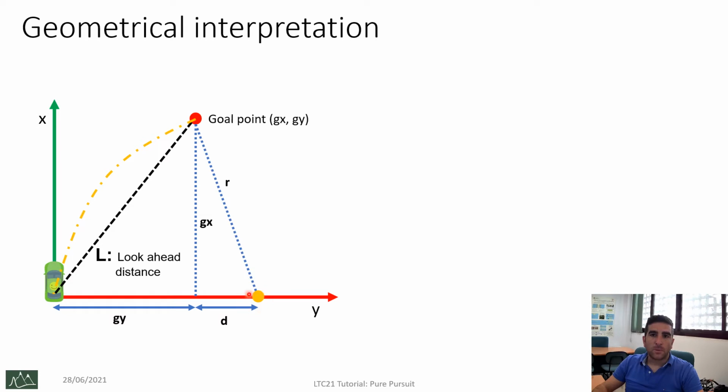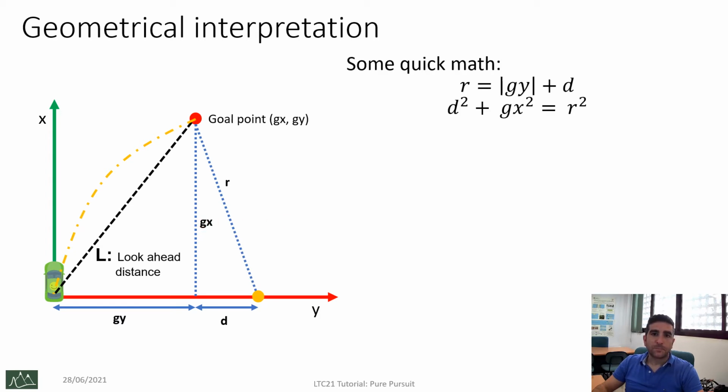So if we put the center here, we'll have the radius of the arc, and basically this is the gy coordinate, or the absolute value of gy, and this is the gx coordinate, or the absolute value of gx. Now let's see some quick math to solve this value.